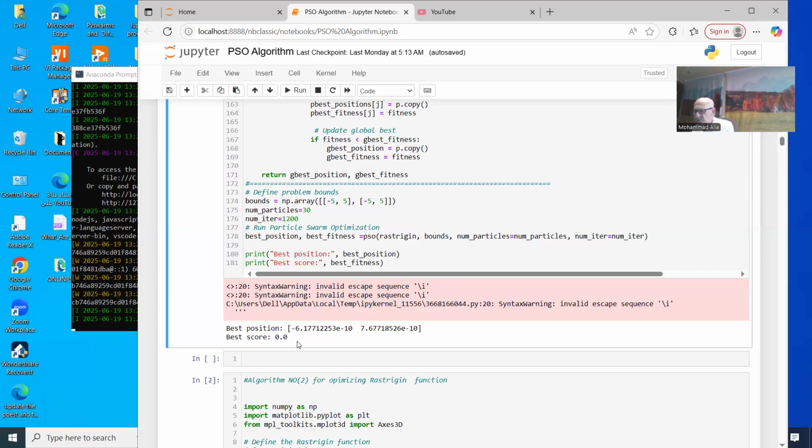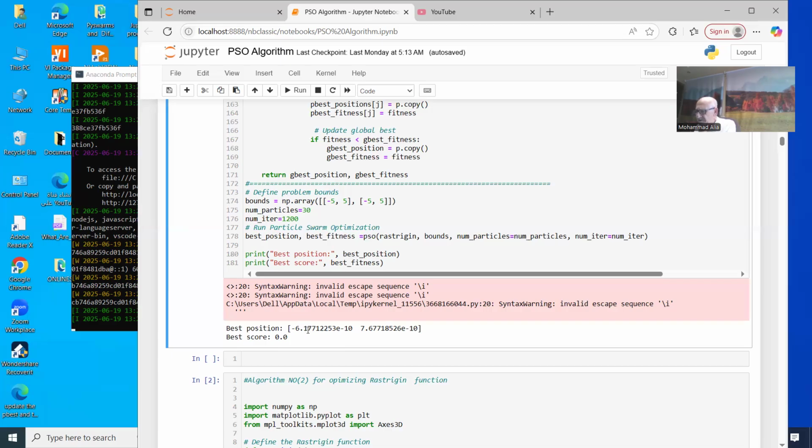And as I told you, for this function, Rastrigin function, we will have a 0 score always. And you remember the figure I showed you, for any number of dimensions. Here we have taken 2 dimensions, x and y.